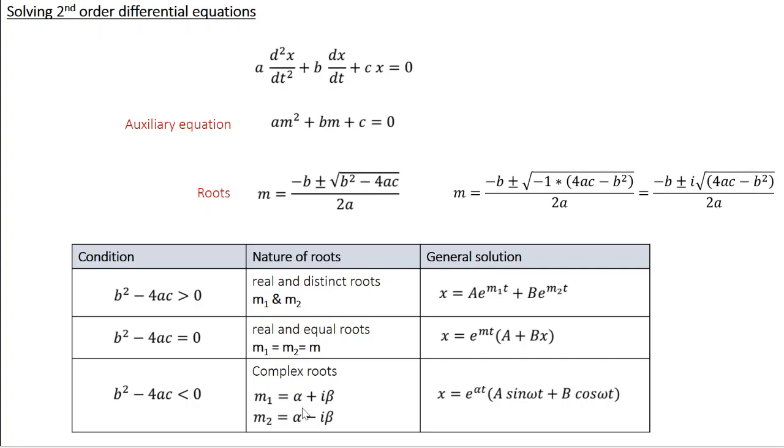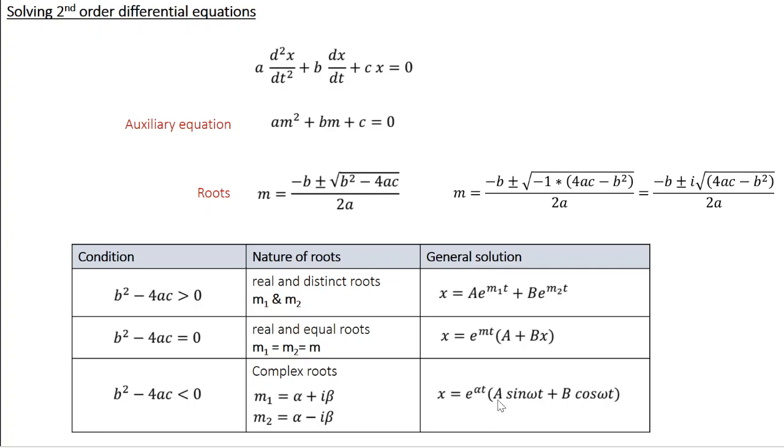So I call them alpha plus i beta and alpha minus i beta, where alpha is minus b by 2a and beta is square root of 4ac minus b squared by 2a.